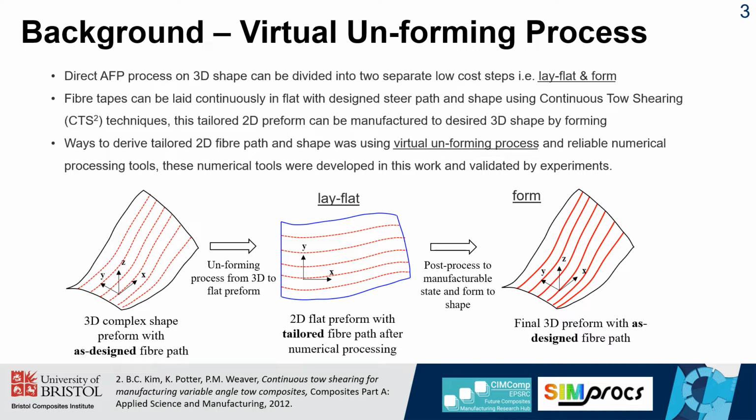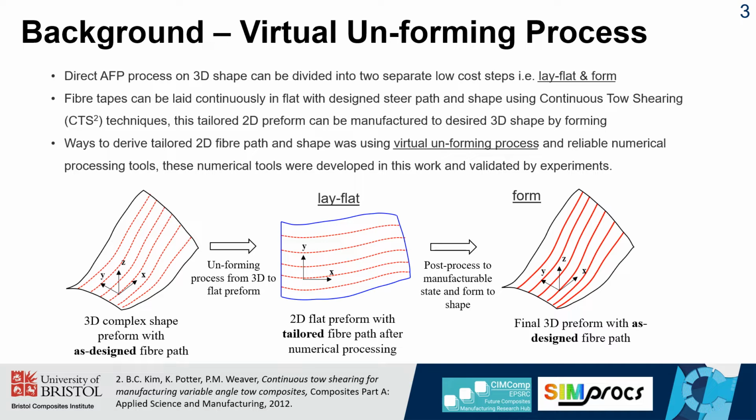An alternative manufacturing technique to AFP was proposed in this study, and it can be summarized as lay flat and form. Fiber tows can be laid continuously flat with designed steered paths and shape using continuous tow shearing, CTS, techniques.